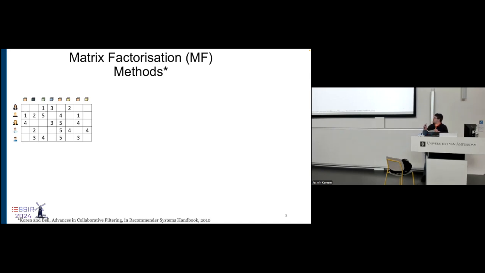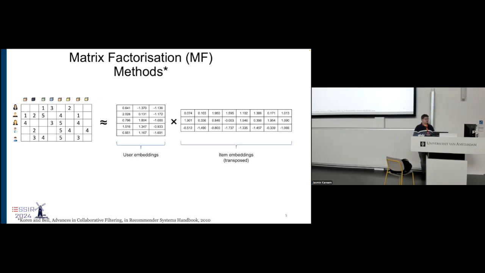Users give ratings somehow. For example, it could be explicit, okay, I give 5 stars to this movie, or it might be implicit. For example, if a user clicked, we can say, okay, this is a good action, and this item is relevant. Our goal is to fill the gaps in this table. So how can we do this? We can decompose this matrix into a product of 2 other matrices.